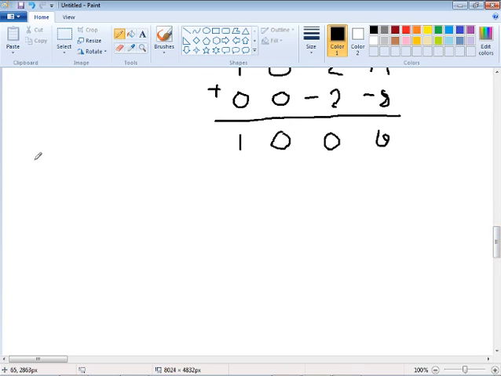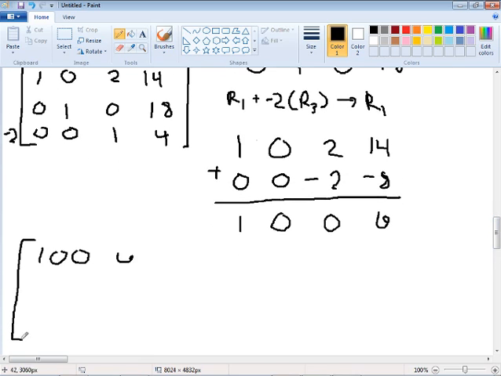So I put my last matrix down. It's going to be 1, 0, 0, 6. And then my row 2 is 0, 1, 0, 18. And my last one is 0, 0, 1, 4.